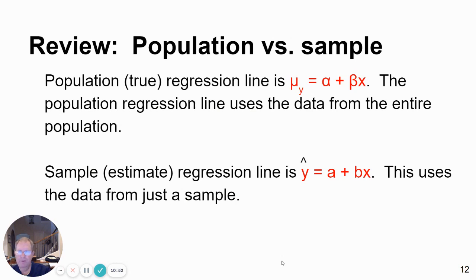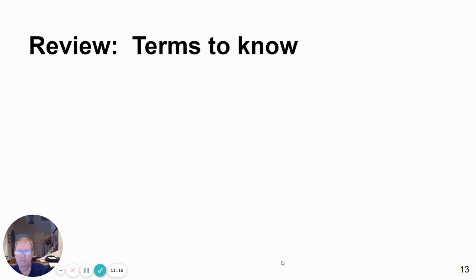So just a quick review. The population true regression has a line like this. The sample estimate regression has a line like shown in the second line. In the sample estimate, we have only data from one sample, whereas in the population regression, we use all of the data from the entire population.